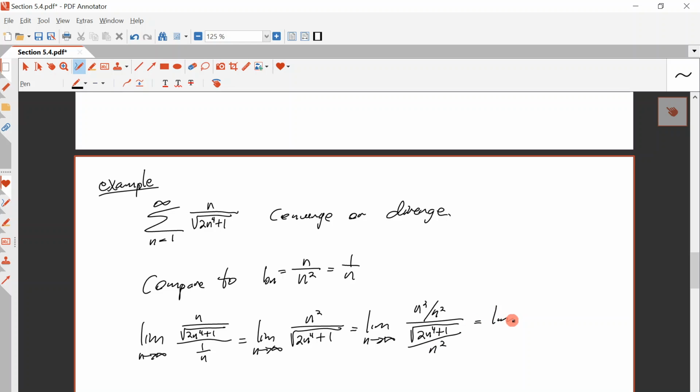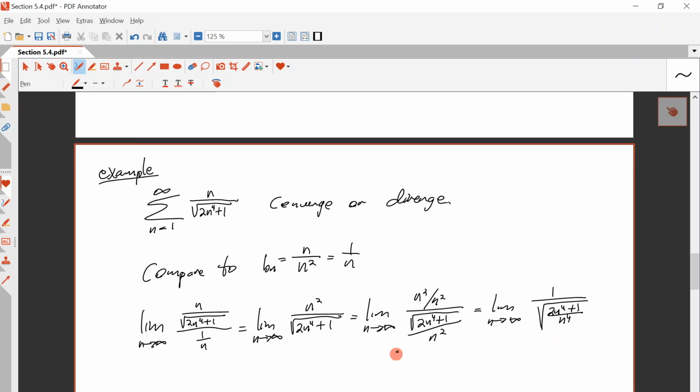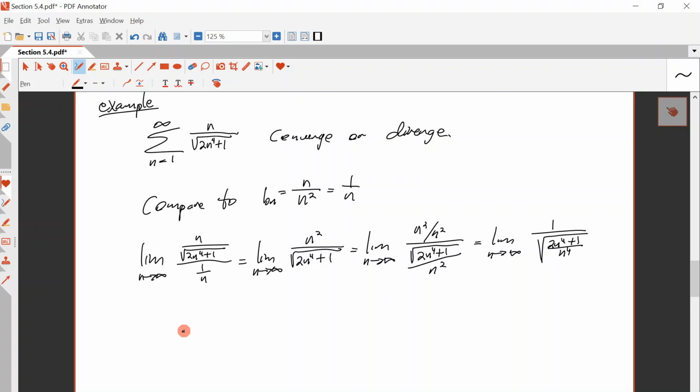On the top I have 1, and on the bottom the n squared comes inside the square root and becomes n to the 4th. So this is equal to the limit as n goes to infinity of 1 over the square root of 2n to the fourth over n to the fourth.